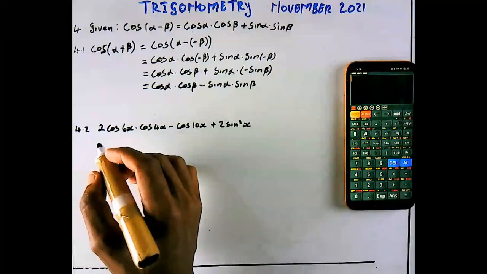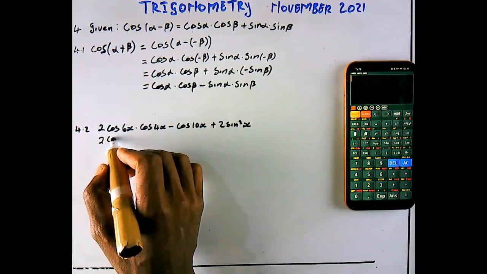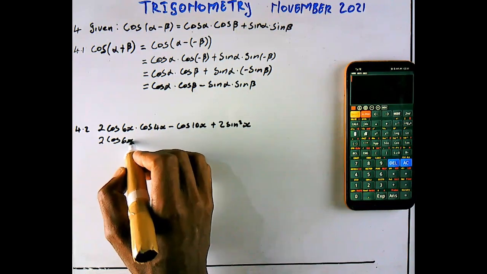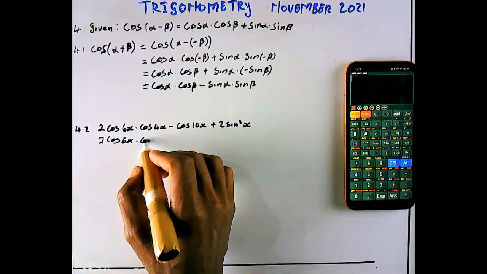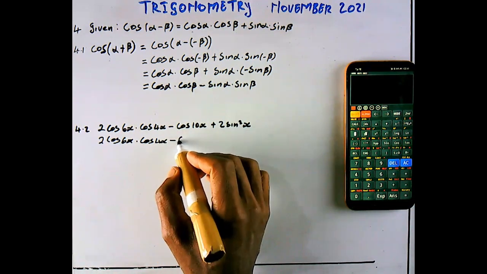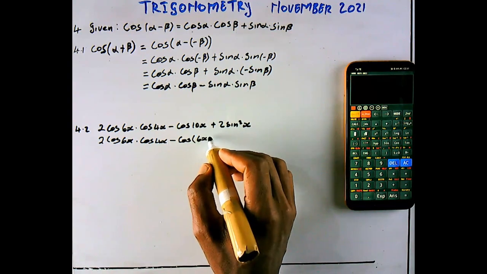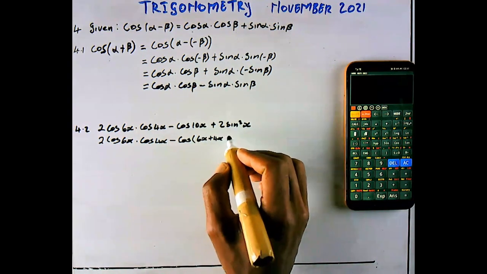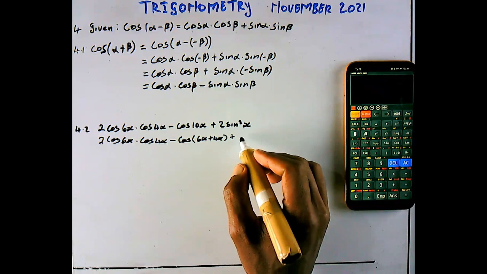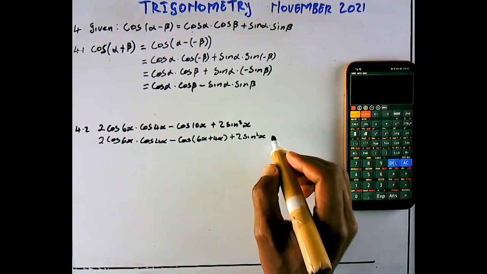Here we can say 2 cos 6x cos 4x minus cos of 6x plus 4x, plus 2 sine squared x.